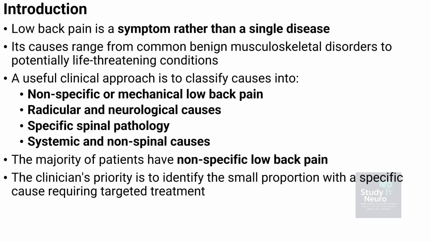Others may have nerve-related pain or a specific spinal disorder. The priority is simple: find the serious cases early. A careful history and examination help identify the small proportion of patients who need targeted investigation and treatment, while allowing most others to receive appropriate conservative care.